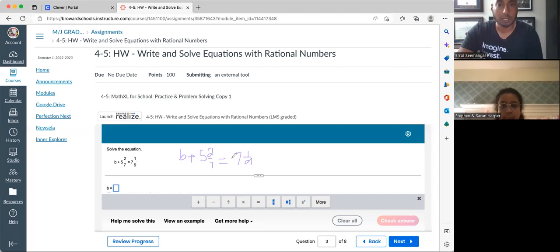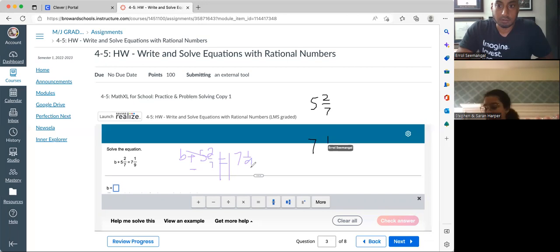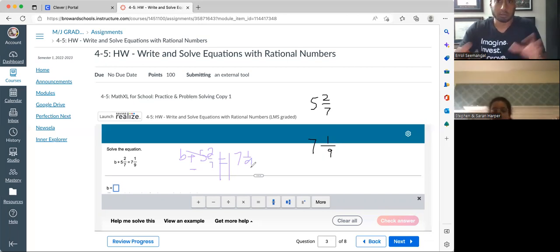Can you think of an example in real life where something is 5 2/7 or 7 1/9? Where in real life do we come across something like 5 2/7 or 7 and 1/9? When you're building something. Explain it a little bit more.